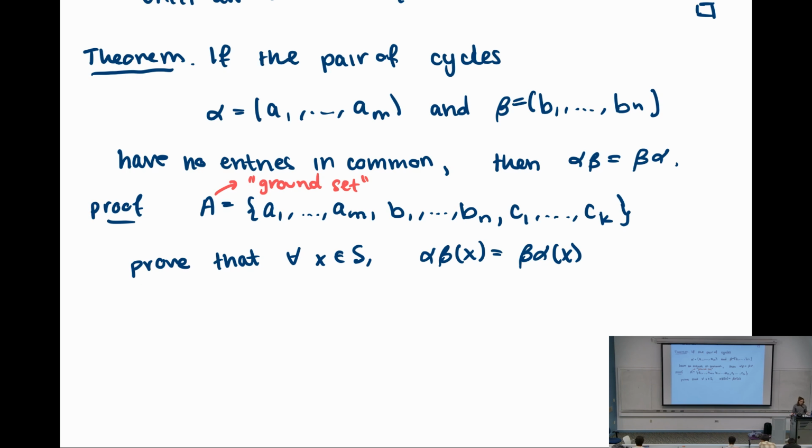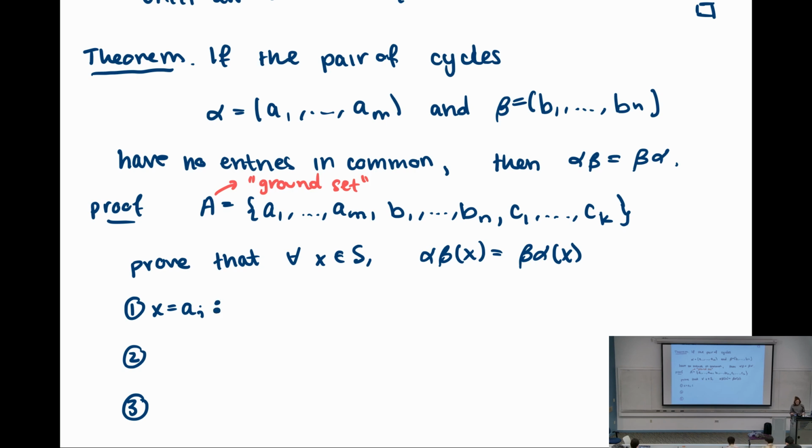And so there are going to be just 3 separate cases depending upon whether x is an a sub i, a b sub i, or a c sub i. So if x is equal to an a sub i, let's look at that case first.